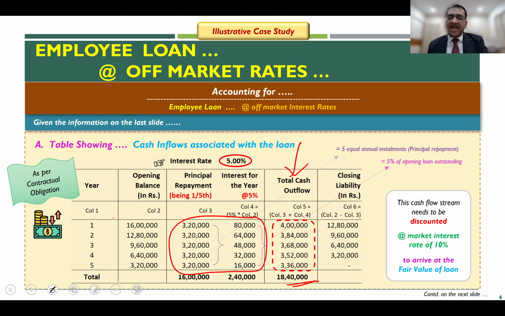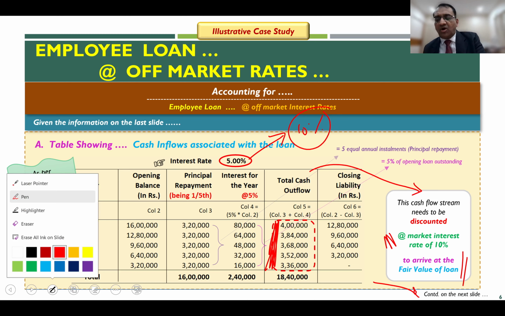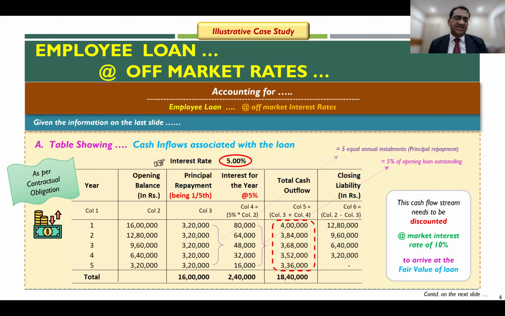This 18,40,000 is your total cash outflow associated with this employee loan, and this cash flow stream now needs to be discounted at the market interest rate. We've been given the loan at 5%, but the market interest rate is 10%, and therefore this stream of cash flow needs to be discounted at the market interest rate of 10% to arrive at the fair value of the loan. How do we do that? Let us see in the next slide how the computation of the fair value of the loan is done.